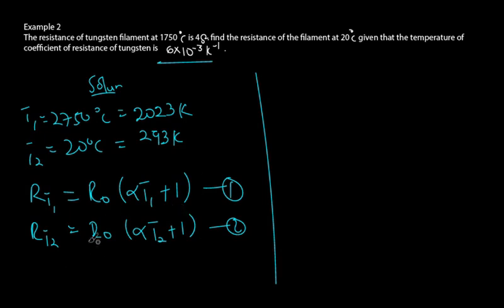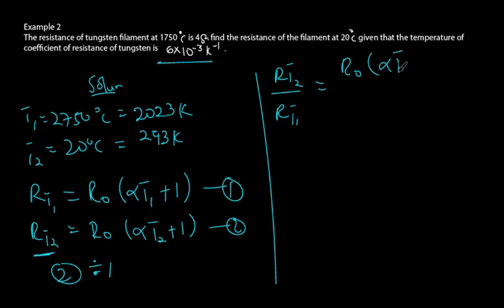So let's find a ratio between these two so that we can get rid of the R naught, so that we can find the RT2, which we are supposed to find in this case. So equation 2 divided by equation 1. We have RT2 divided by RT1 equal to R naught into bracket alpha T2 plus 1 divided by R naught into bracket alpha T1 plus 1.